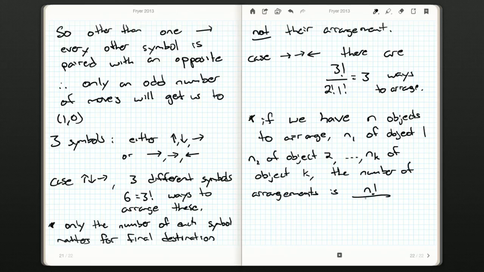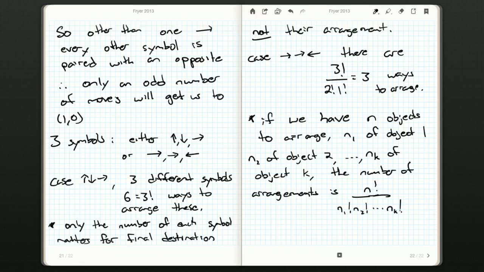All of object 1 look identical, so there's no way to distinguish between them. So we don't want to count multiple copies of the same arrangement. It's n factorial over n1 factorial times n2 factorial times nk factorial.